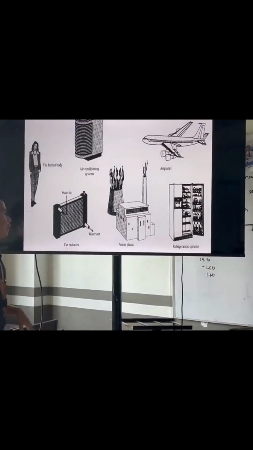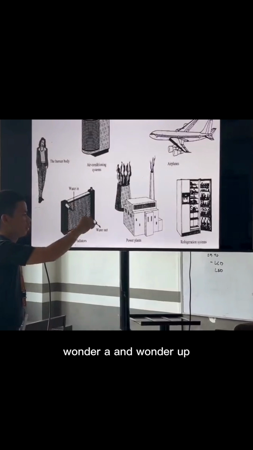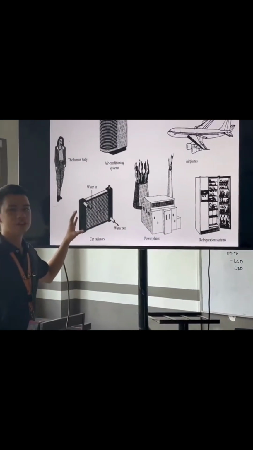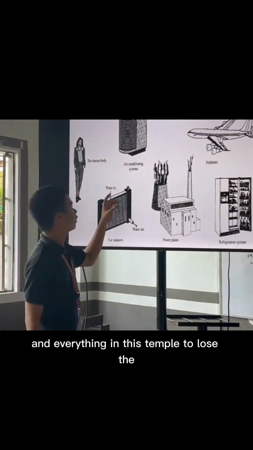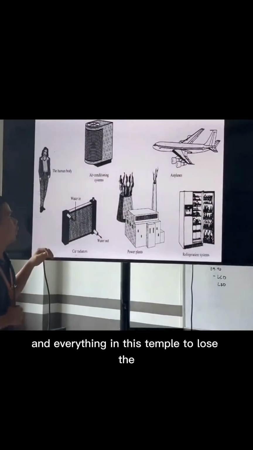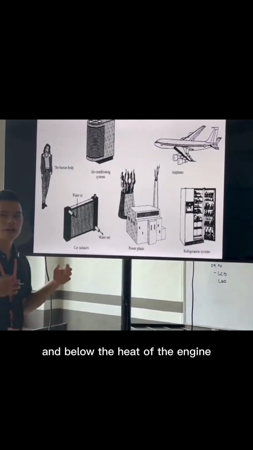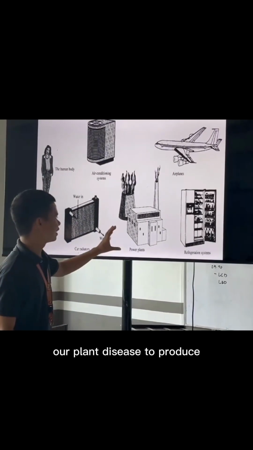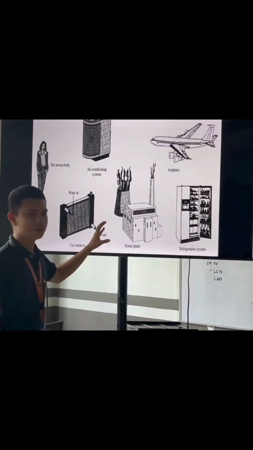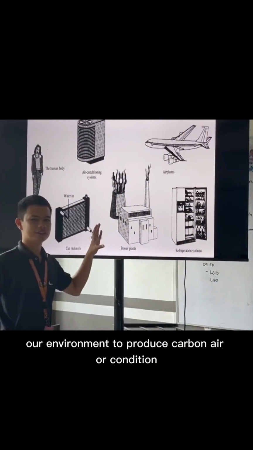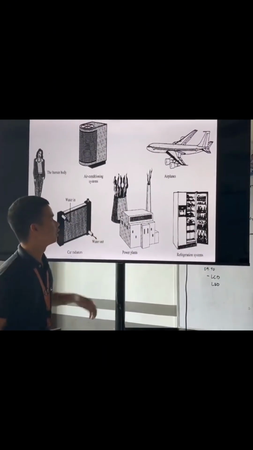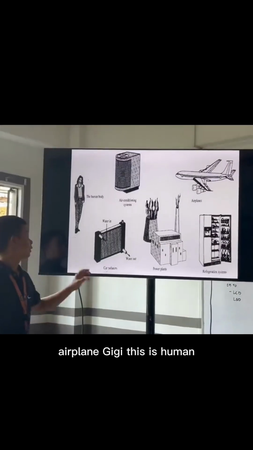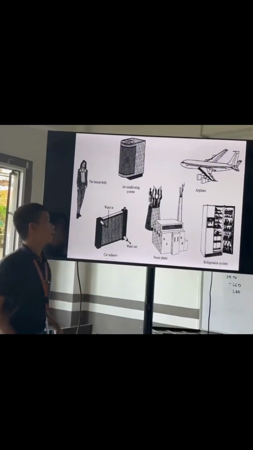The car engine is water in and water out, used for the engine, and everything in the system to produce power and follow the heat of the engine. The power plant is to produce current. Then air conditioning. This is an airplane. Okay. This is the human body.